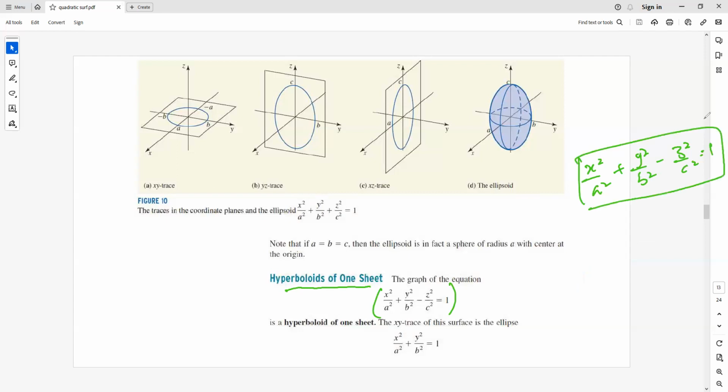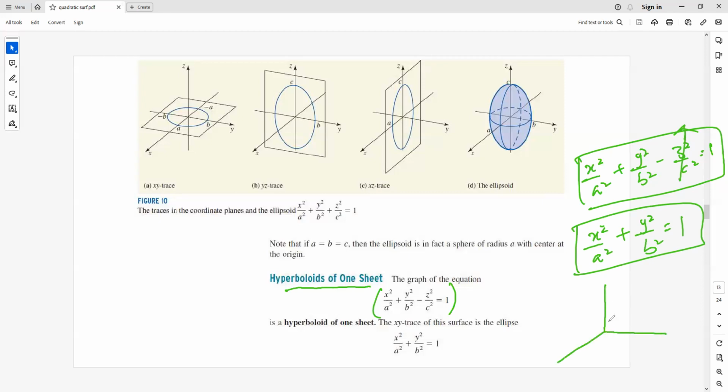Its xy trace, excluding z, will be an ellipse, because the equation we are left with after removing the z variable is the equation of an ellipse. So it will be an ellipse in the xy plane like this.